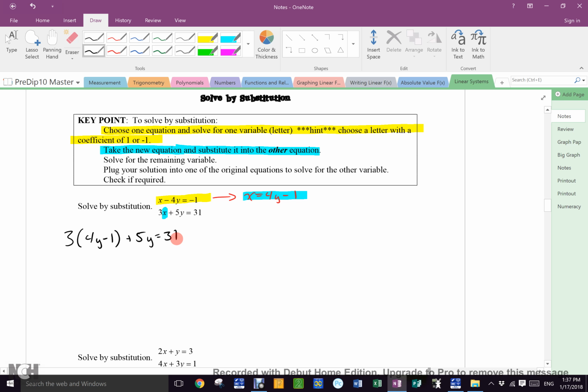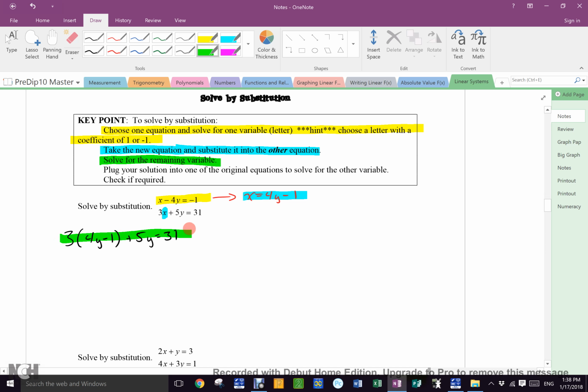So, when I did this, what happened to that unknown? It becomes a y, which I can then, now I only have one unknown. So now I can solve this. How would I solve this? Distribute, right? So the third step is to solve for that remaining variable.